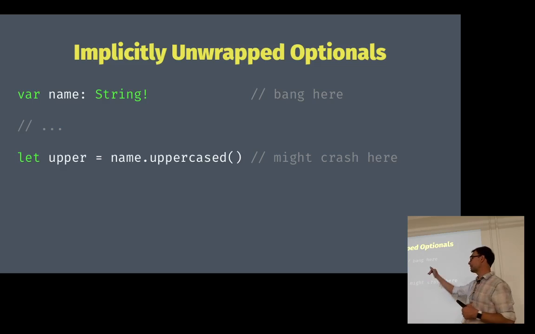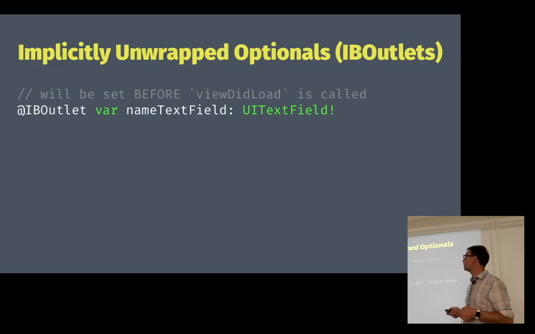Okay, so if it sounds like implicitly unwrapped optionals are a terrible idea, it's because they are. You shouldn't use them pretty much in any case except for outlets or any scenario where you have delayed initialization. Because Swift requires you to set properties in the class initializer, if you don't have them at that stage, but you do guarantee you have them at a slightly later stage, then that's where you would use implicitly unwrapped optionals.